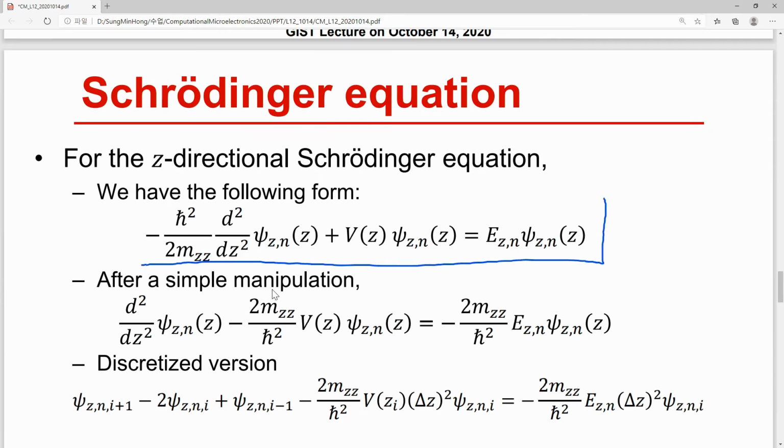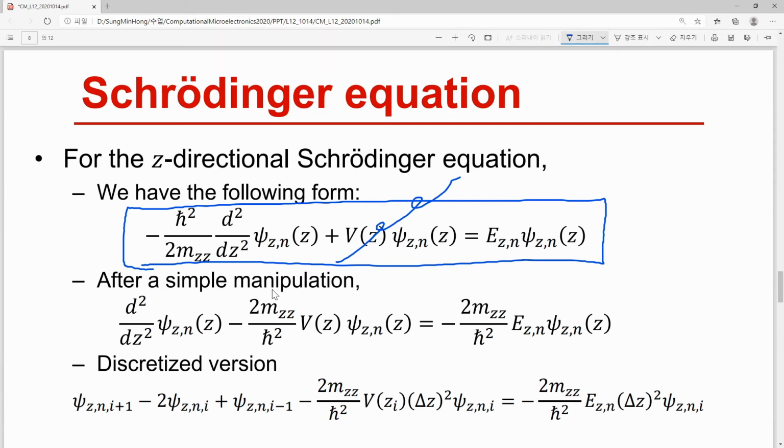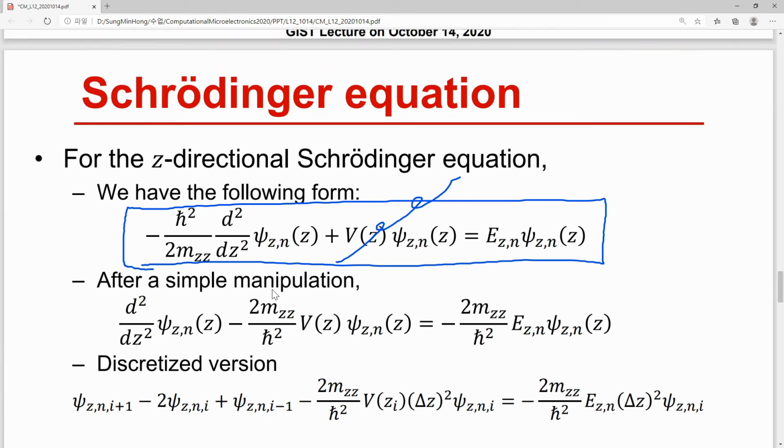Here we have a z-directional Schrödinger equation, and previously we have not considered this potential term because we considered just the infinite potential well problem, which has a flat potential inside the well.